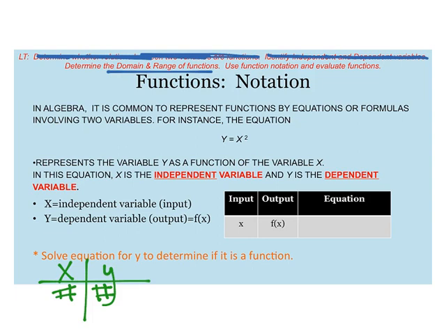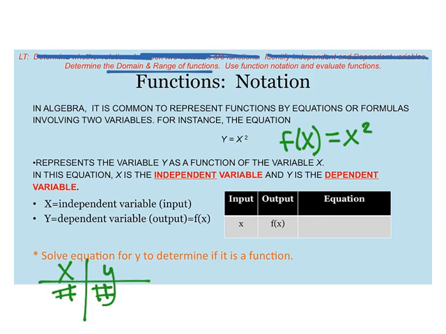Okay. One of the things that I need you to understand is this. When we start dealing with functions, they are not always written as y equals something. In this case, y equals x squared. Sometimes they are written as the function of the variable x is x squared.